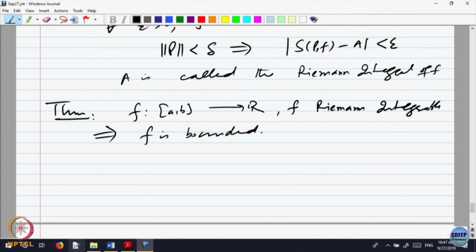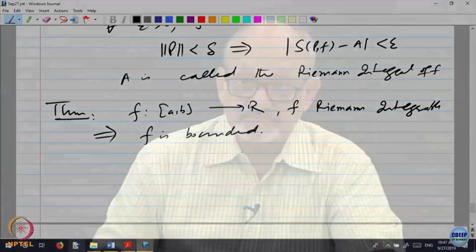Right. Intuitively it seems quite okay, because if the function is unbounded, those strips, areas, you can keep on increasing, right? That is one way of looking. But let us look at another way of proving this.